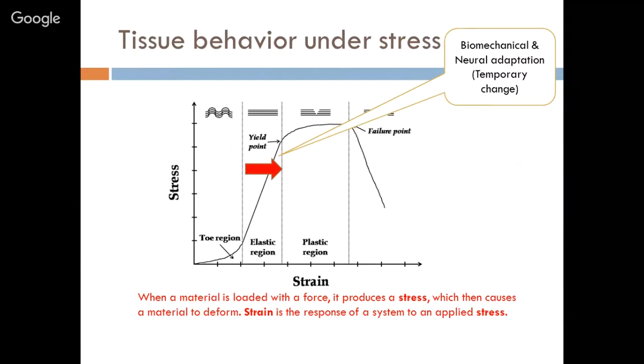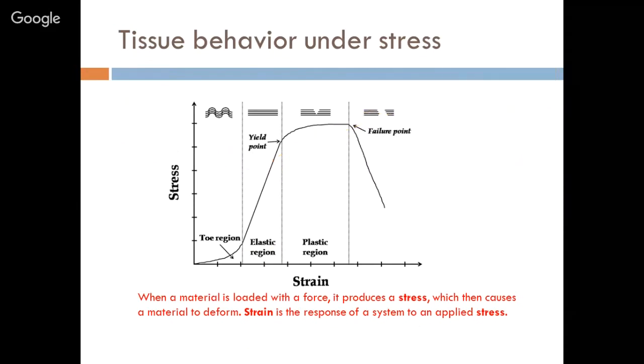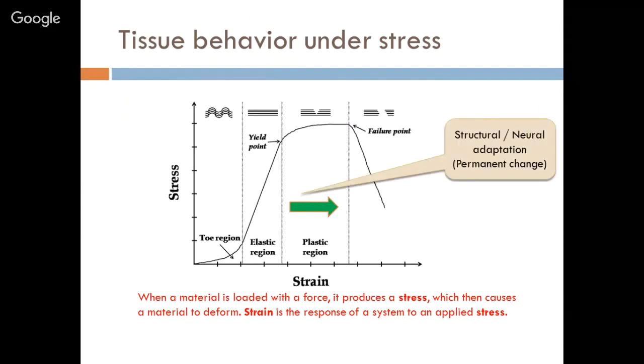But as we know, this is a short-term change, and when the force is removed and no longer applied, these changes also disappear. For a plastic change, that is, a muscle length moving from one point to another, or a long-term change, a change in length that doesn't return to the original position, which is often our goal, there has to be a structural and neurological adaptation. That would explain permanent change.